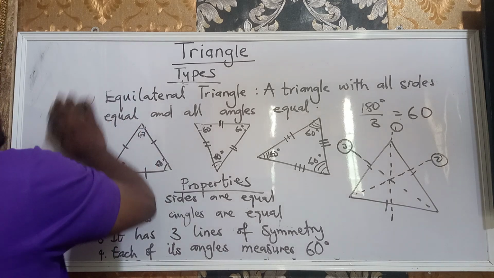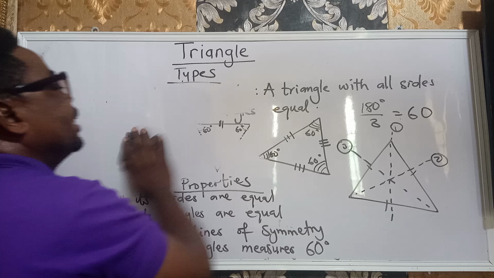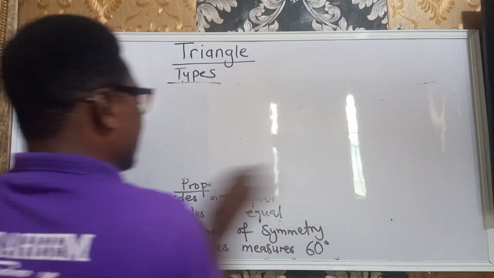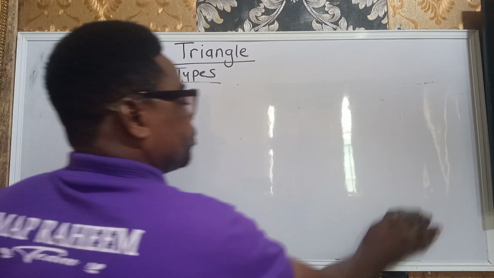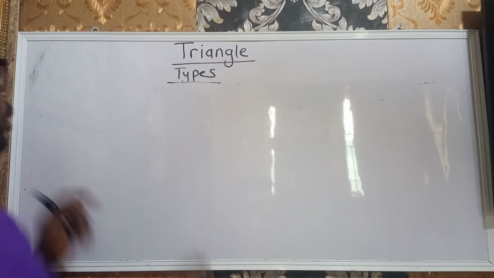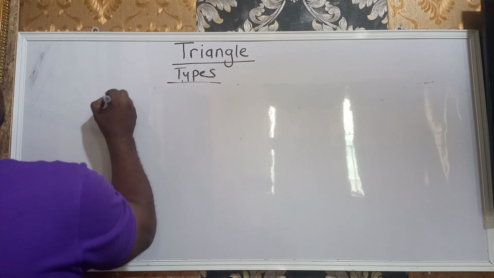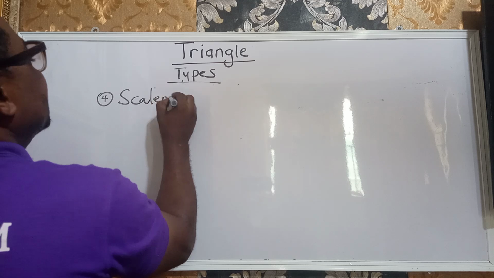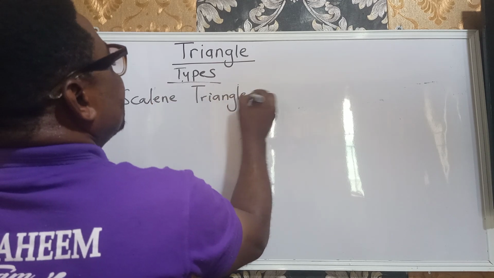And the last triangle we'll talk about in this video is the scalene triangle. A very unique triangle. I love this triangle, I call it the triangle of life. Number 4, we call it the scalene triangle.